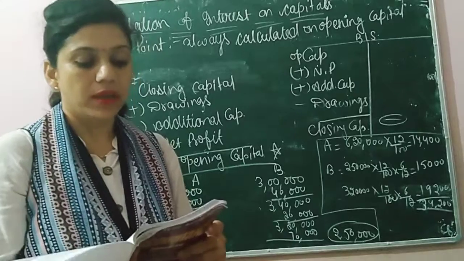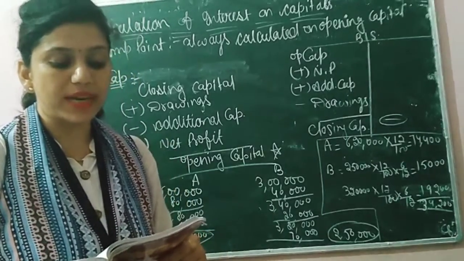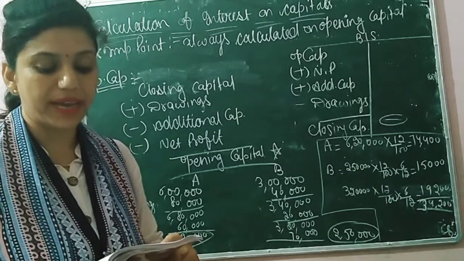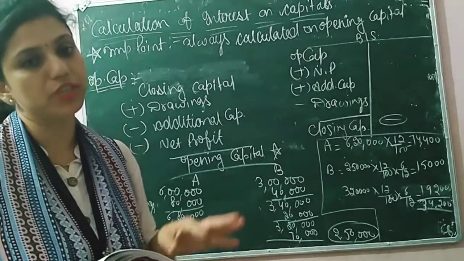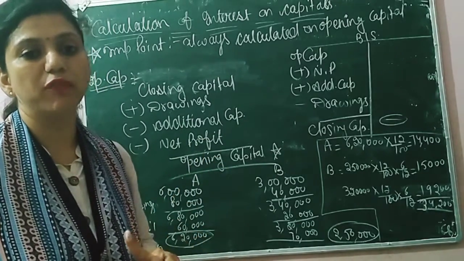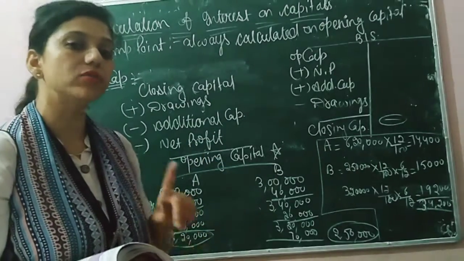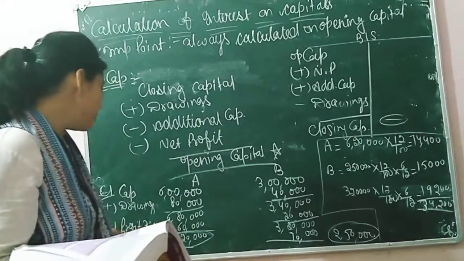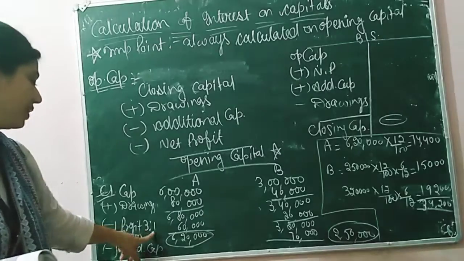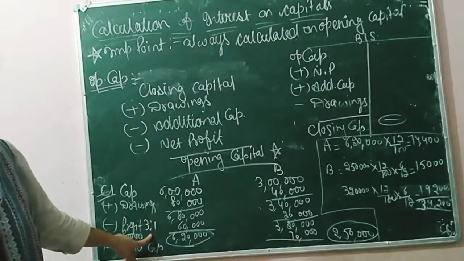Next is profit before charging interest on capital was 80,000. And this profit has been credited in their profit sharing ratio. As we read in the earlier statement, the profit sharing ratio among partners is 3:1. That means profit between A and B is shared in 3:1. 80,000 will be divided in 3:1.